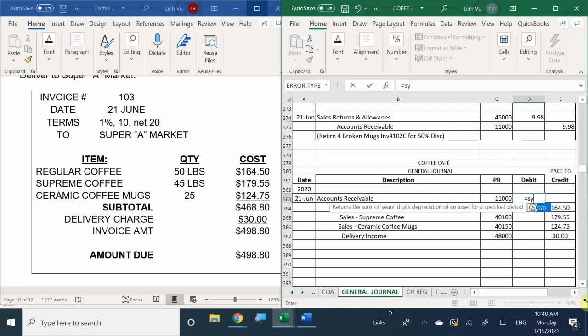they should owe us 498, okay, made a typo there. Equals sum, $498.80. Okay, good.